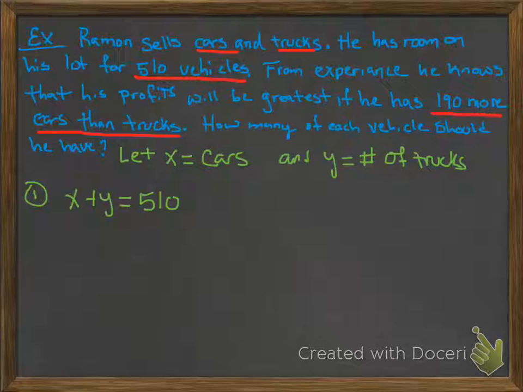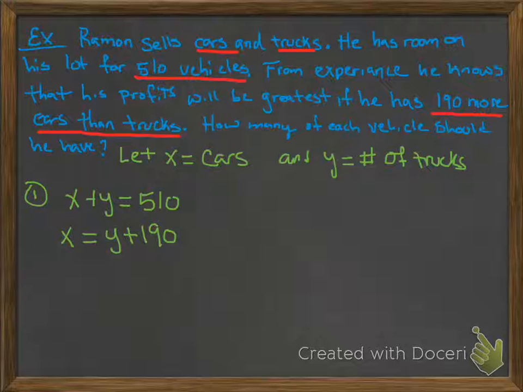In my second equation, he knows his profits will be greatest if he has 190 more cars than trucks. So cars should equal trucks plus 190.